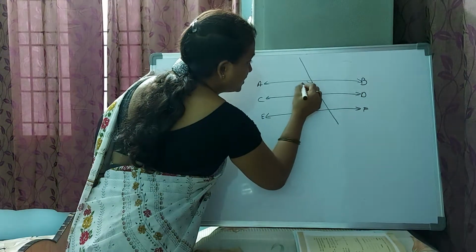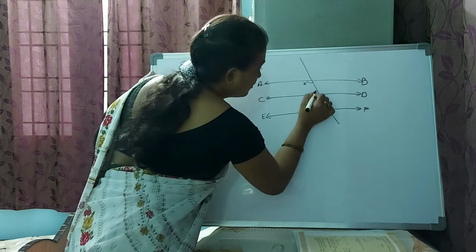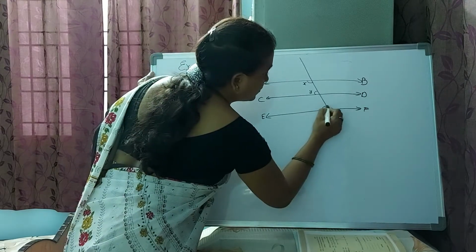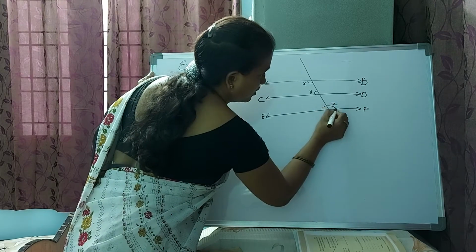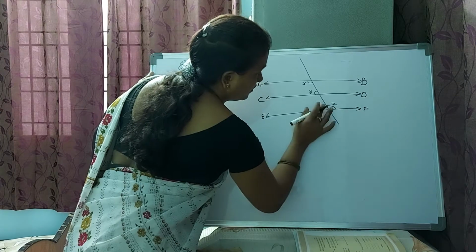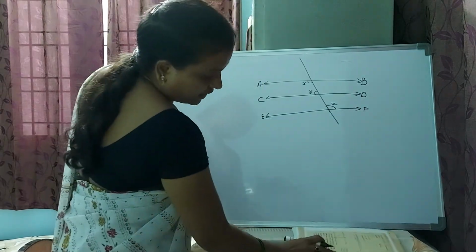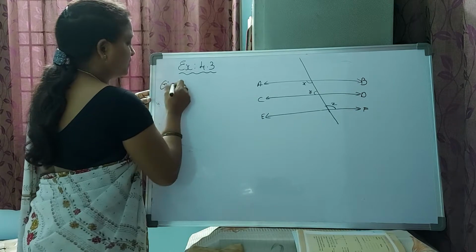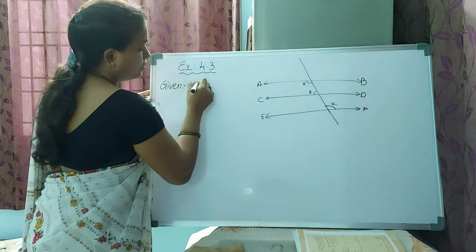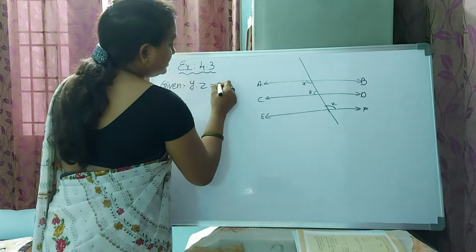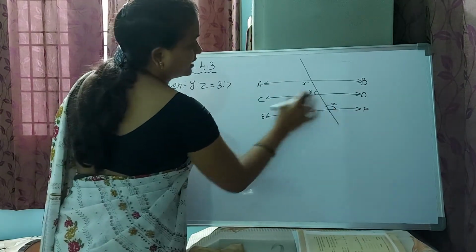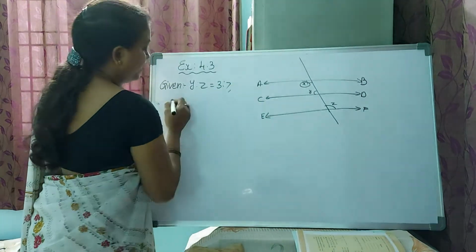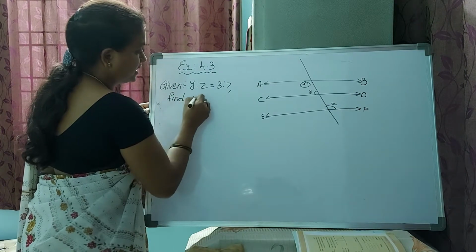Here we have x, here we have y, and here he has given z. What is given? The ratio y to z is equal to 3 to 7. Find x. We have to find this one.